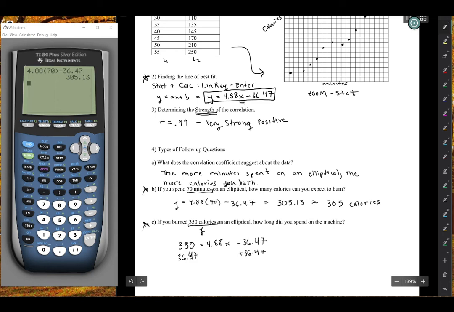I get 386.47 equals 4.88x. Then I divide.